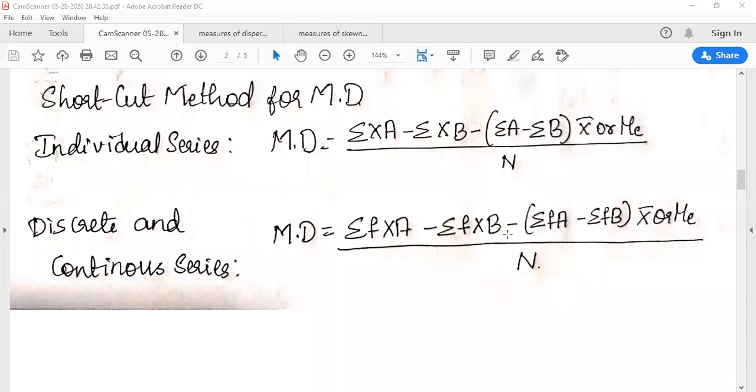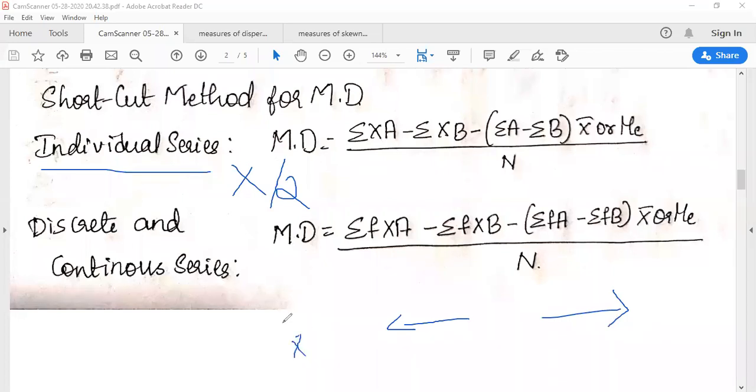So let us see that shortcut. Now, in the shortcut of mean deviation, if we are talking about an individual series, how do we calculate mean deviation? We will have data with x, and we are supposed to divide the x into two parts: before arithmetic mean or median, and after arithmetic mean or median.